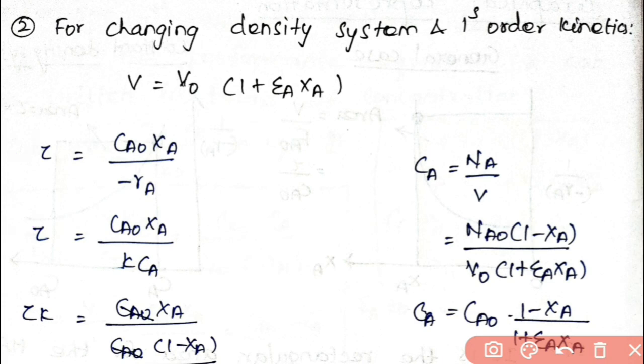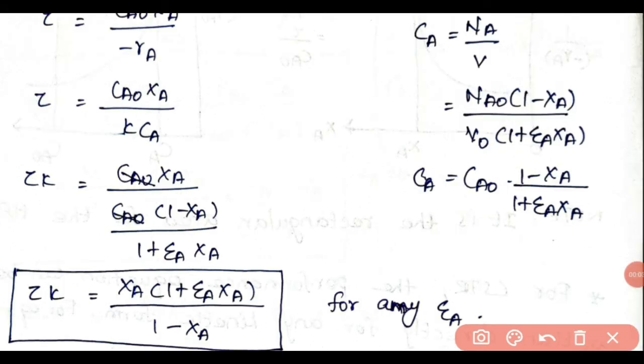Ca is the concentration of the reactant, equal to number of moles divided by volume. Na in terms of conversion is Na0 into 1 minus Xa, and V in terms of conversion for a varying volume system is V0 into 1 plus epsilon A Xa. Here Na0 divided by V0 is equal to Ca0. So Ca is equal to Ca0 into 1 minus Xa divided by 1 plus epsilon A Xa.